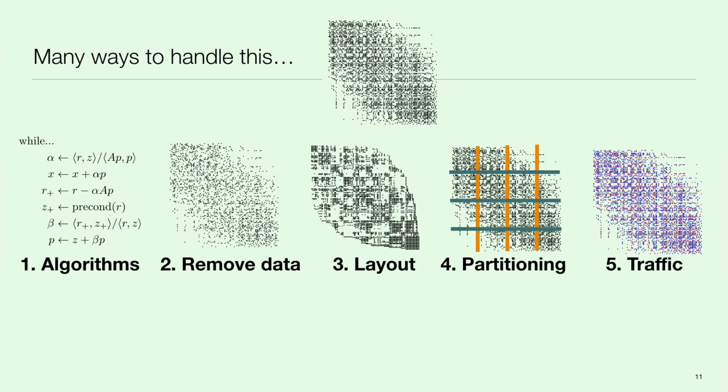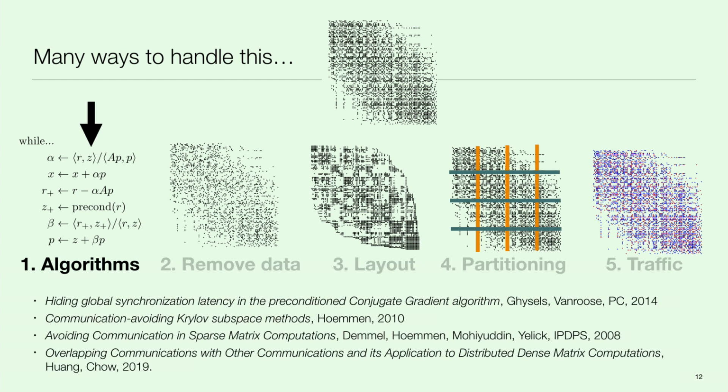So there are lots and lots of ways to handle this, and it would be quite a task to give a full overview. There are algorithms, of course, that can be constructed so that they incur less communication penalty. I've taken a sample of just some nice gems of articles and put them up here, but it's not exhaustive.